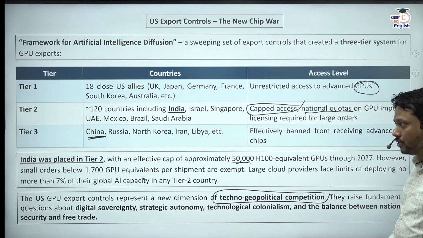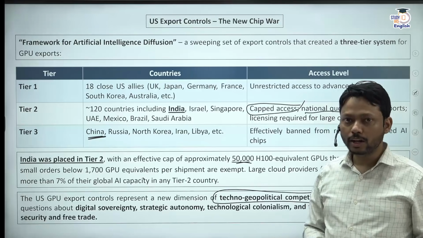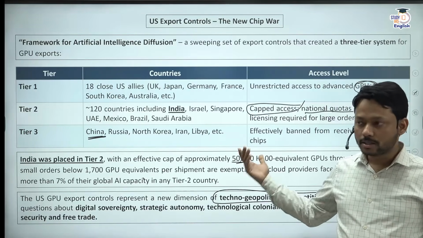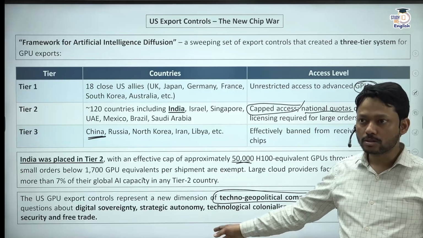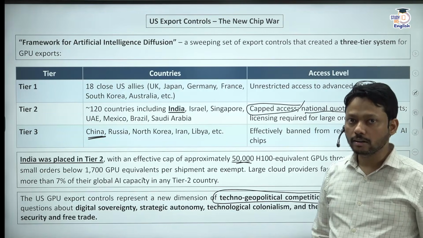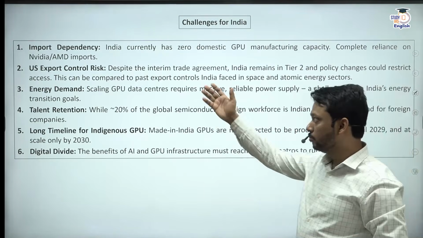If we don't have our own GPUs, data centers, LLMs, operating system, or AI chips, GPUs, TPUs and NPUs, there is a serious question on our sovereignty in the modern digital era. There are problems of import dependency.